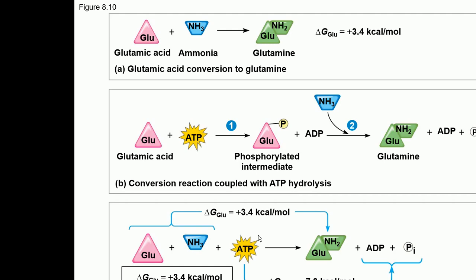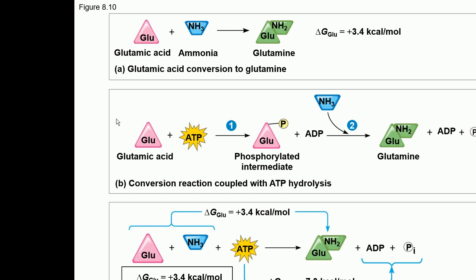This is an example of a coupled reaction. So here is one reaction in which glutamic acid combines with ammonia and forms glutamine. This is an endergonic reaction. You can see delta G is positive 3.4. Okay. So in this reaction, energy is required. So this reaction is coupled with the hydrolysis of ATP, because hydrolysis of ATP is an exergonic reaction.